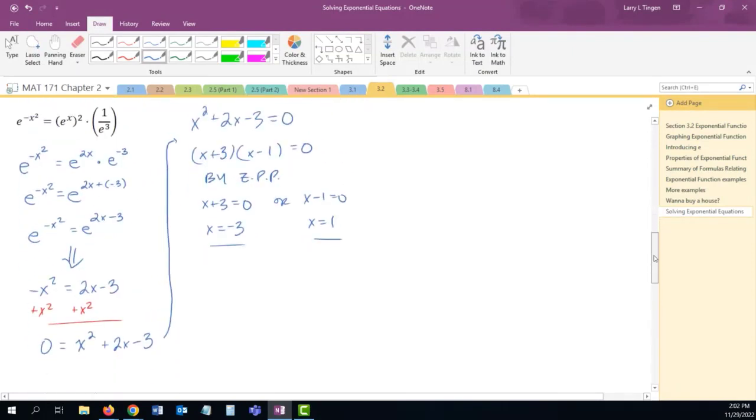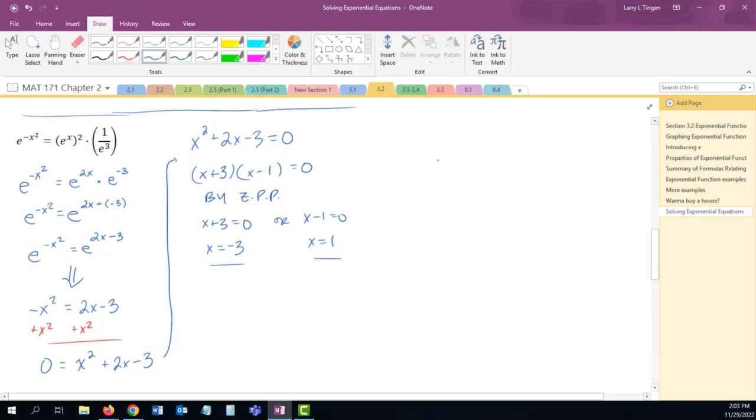And then we check. Again, I would encourage you to use Desmos because you have to go back to the original problem: e to the -3 squared is equal to e to the -3 squared times 1 over e cubed. -3 squared is 9.